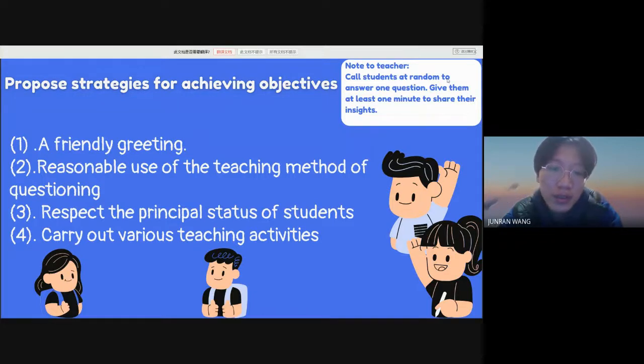Teachers and students should also communicate more. And when students have different opinions, teachers should respect students' opinions and conduct English teaching by means of interactive discussion with students.